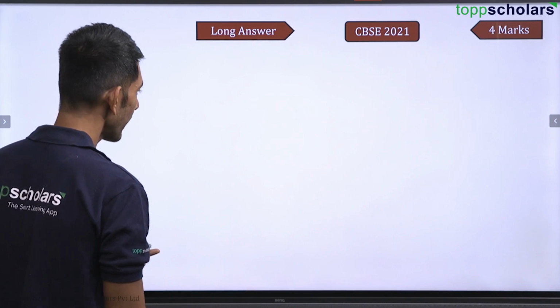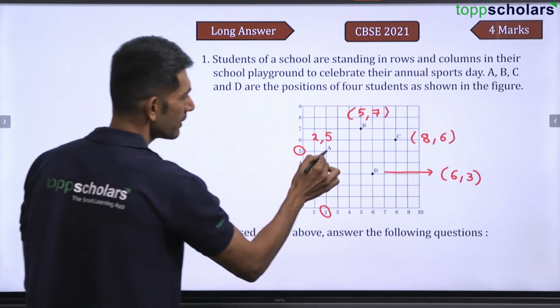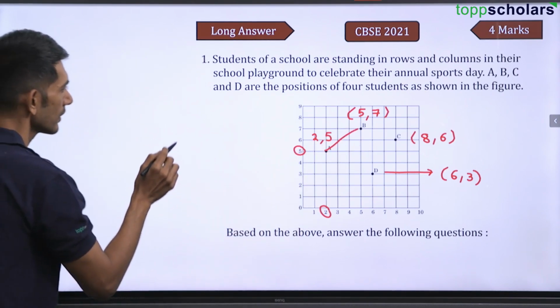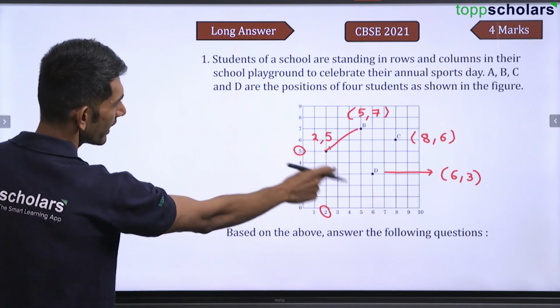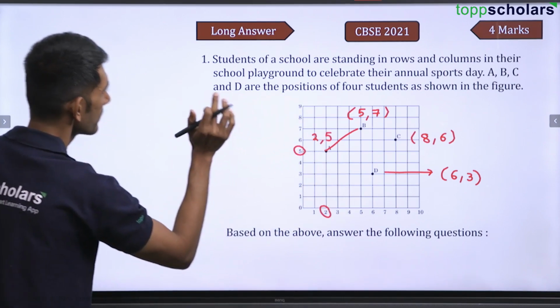So firstly we need to find out the distances, right? So let's try to find out distance AB first. That is 2, 5 and 5, 7.